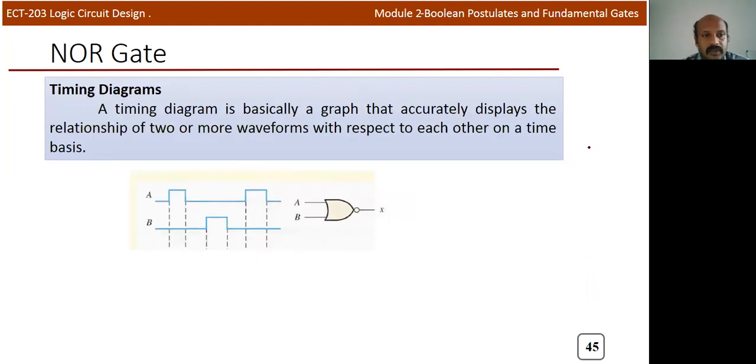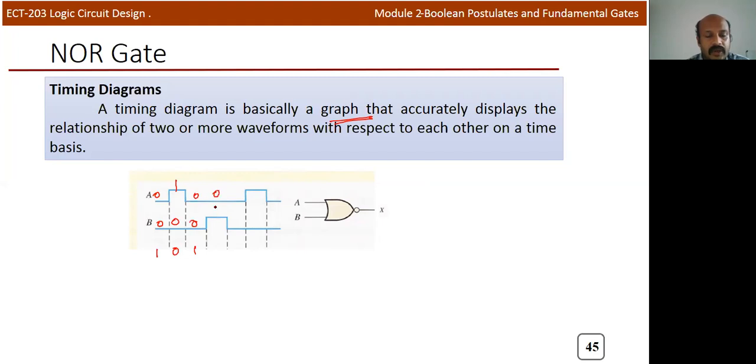Now we'll discuss the timing diagram of the NOR gate. It's actually a graphical representation. We already discussed that, so I'll quickly explain what the output is. If the inputs are 0 0, the NOR gate output will be high. If it is 1 0, output will be 0. Again, if it is 0 0, output will be high.